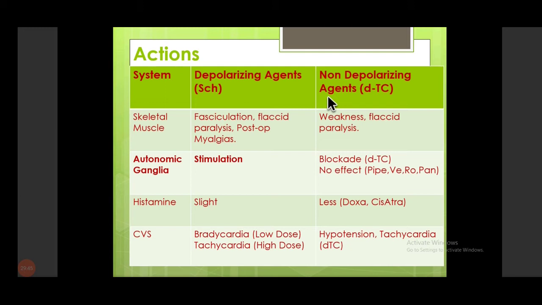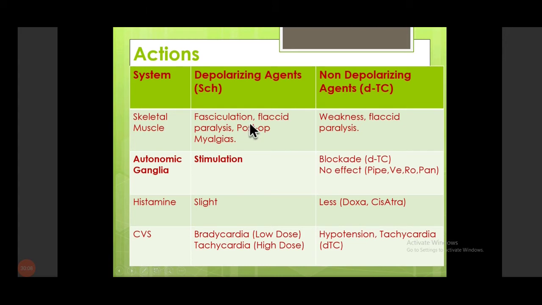The newer congeners which are developed on these lines would have similar actions as compared to these drugs, but with a few favorable or unfavorable changes. But mostly, owing to its structure, the action would remain the same.